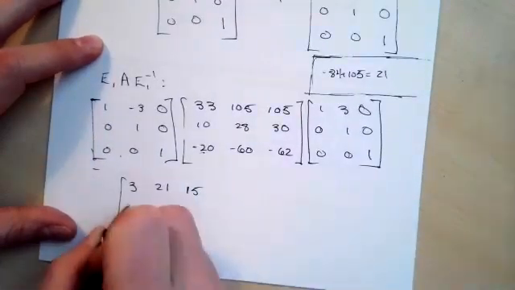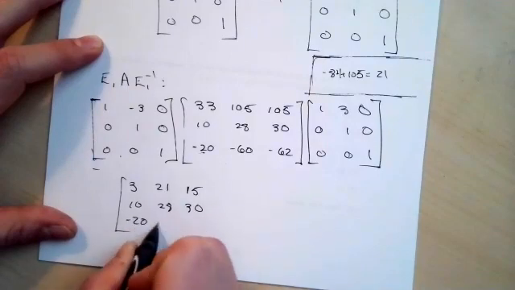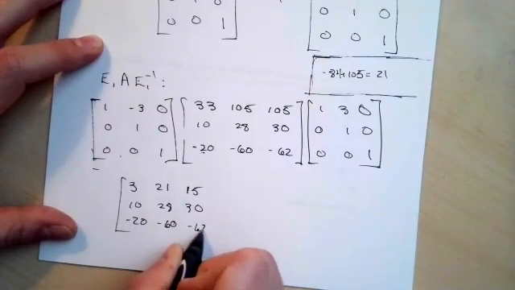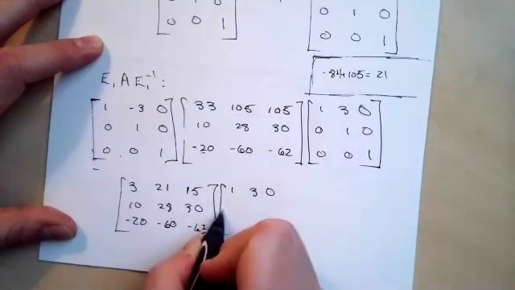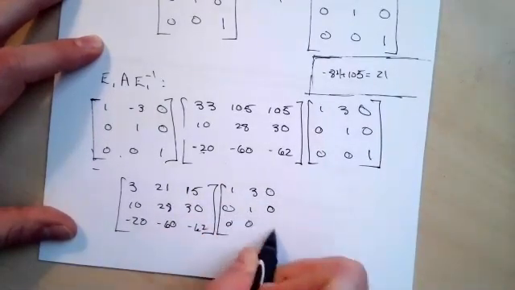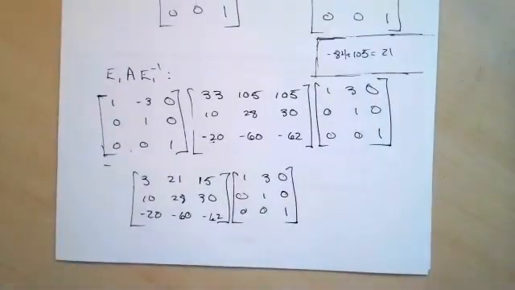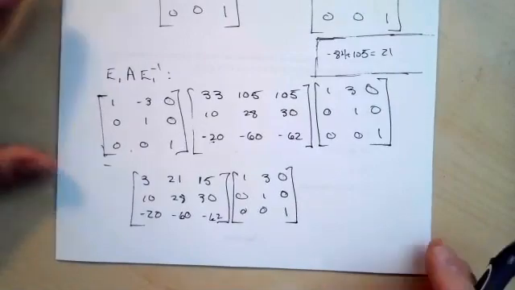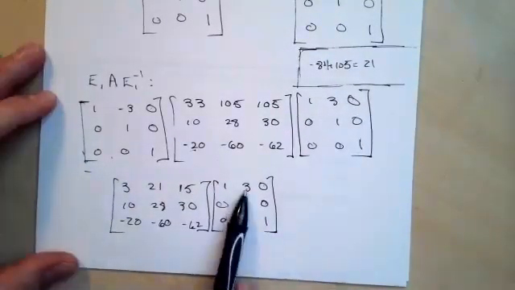And then we still got all the numbers in there: 28, 30, -20, -60, -62, and 1, 3, 0, 0, 1, 0, 0, 0, 1. Some of these first multiplications might be a little slower because we're whittling down these big numbers. Let's go ahead and keep going now.